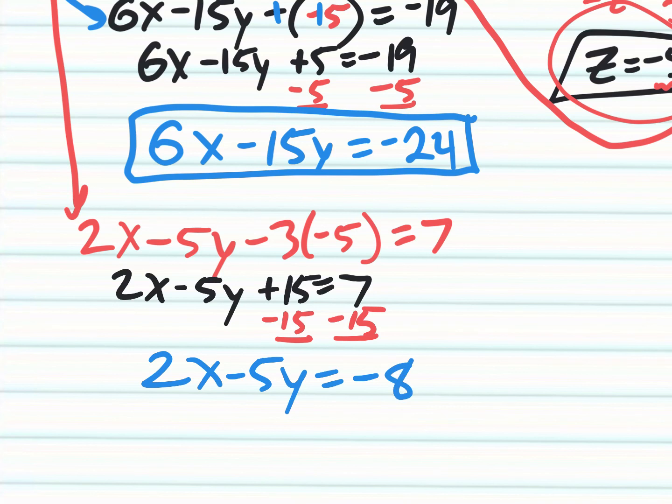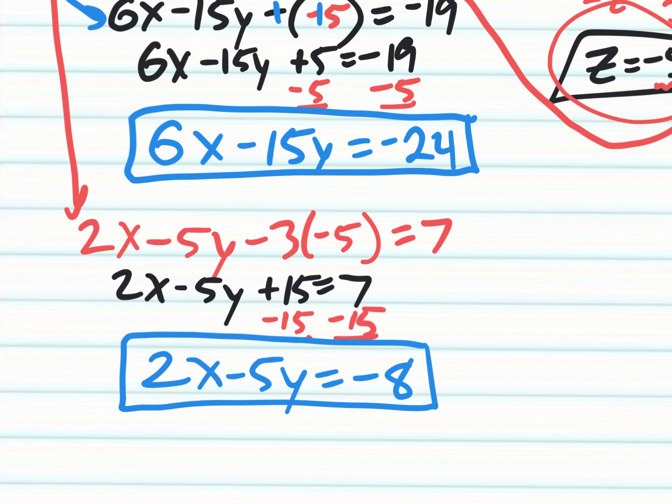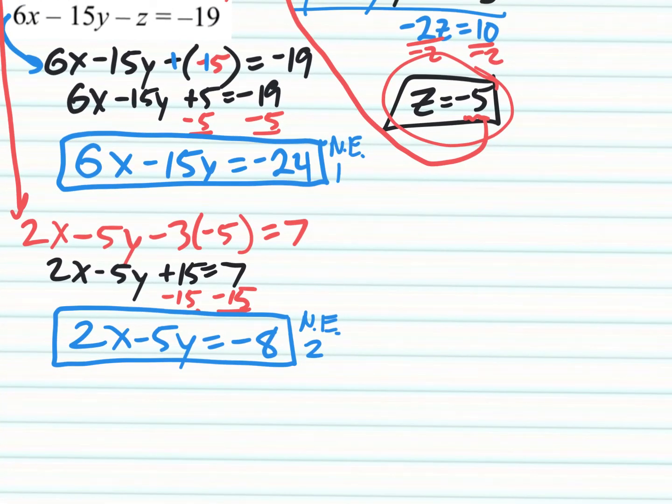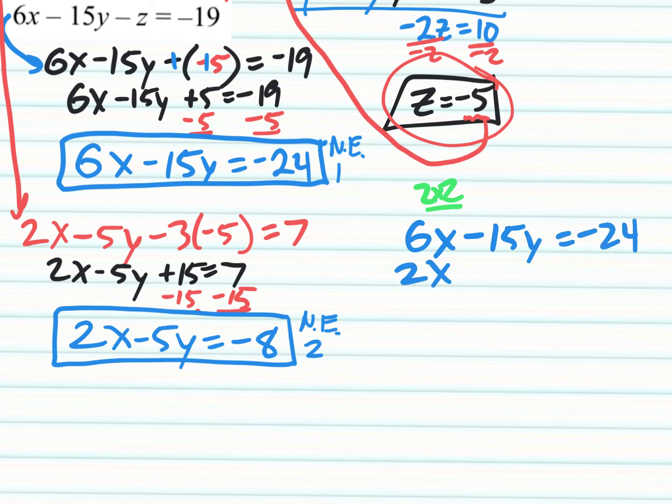Yay? And this is another equation that only has x's and y's, kind of like this other one that we have. So we technically have our new equation number 1, we have our new equation number 2, and we could now do our new 2x2 system. So the new 2x2 will be 6x minus 15y equals -24, and 2x minus 5y equals -8.